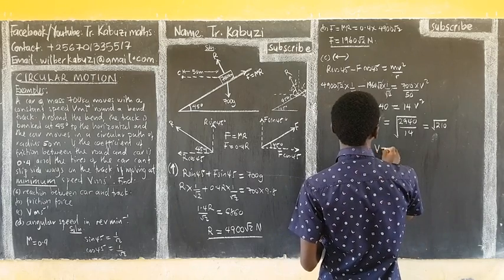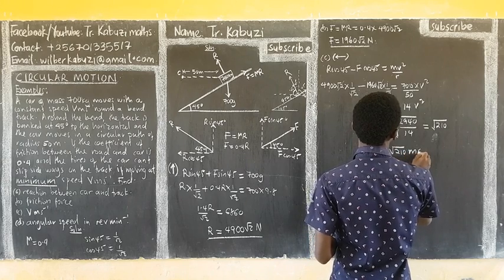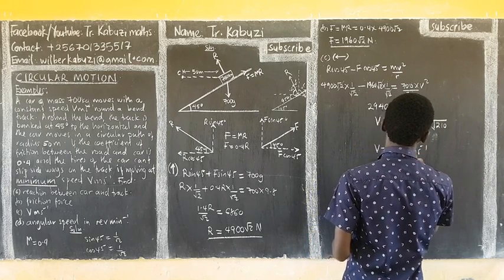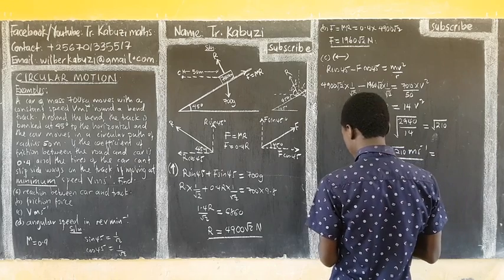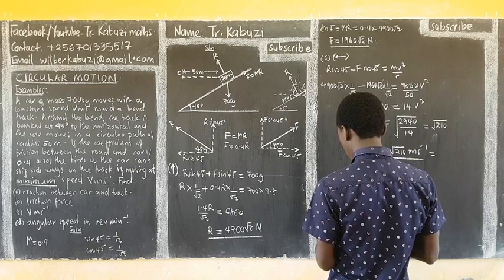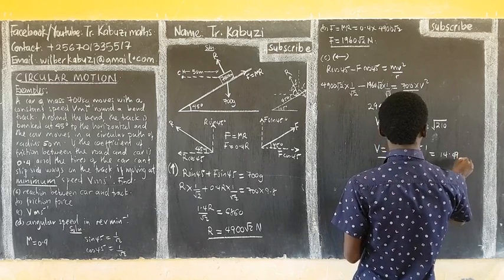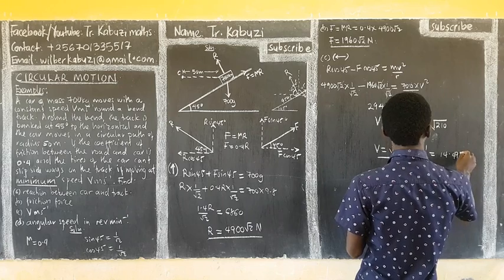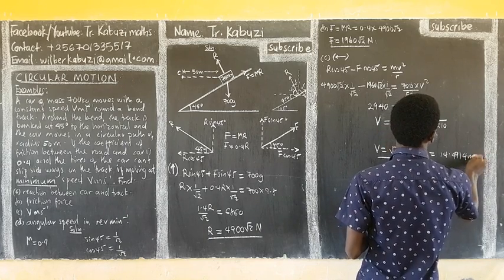So our v is going to be root 210 meters per second. So that is going to be our answer, which you can then give as 14.914 meters per second.